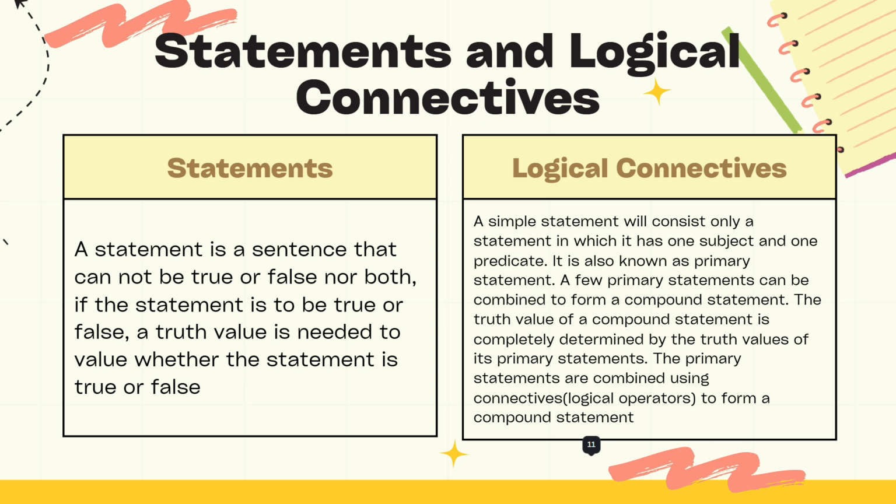A simple statement consists of only one subject and one predicate. It is also known as a primary statement. A few primary statements can be combined to form a compound statement. The truth value of a compound statement is completely determined by the truth values of its primary statements. The primary statements are combined using connectives, logical operators, to form a compound statement.